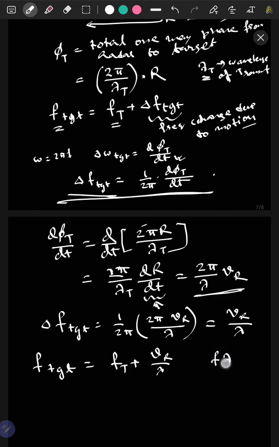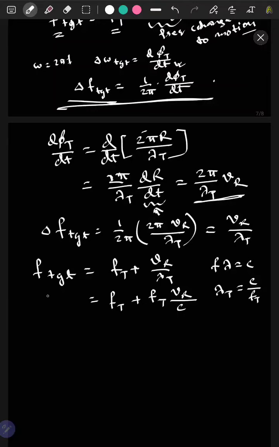As f lambda equals c, and here the lambda corresponds to our transmission wavelength, lambda t, so lambda t equals c by Ft. Thus this will become Ft plus Ft into Vr by c.